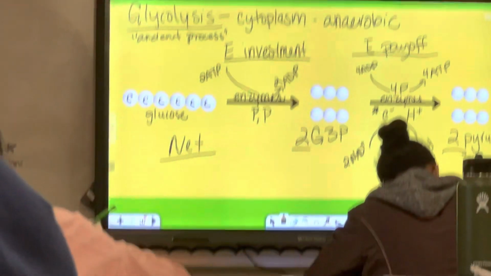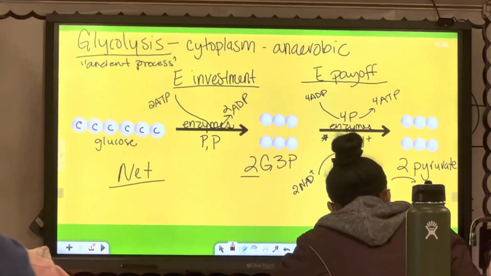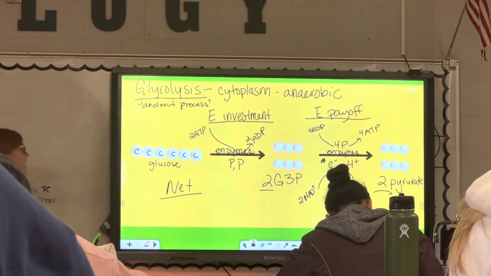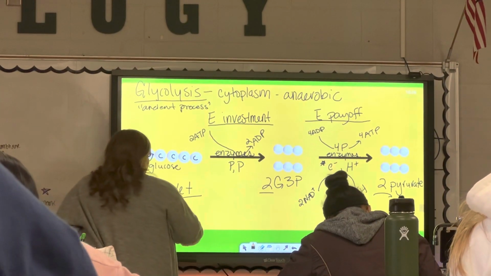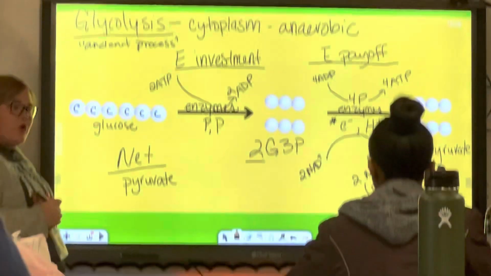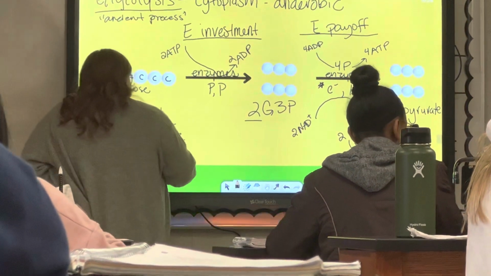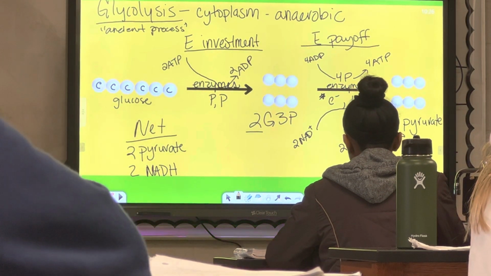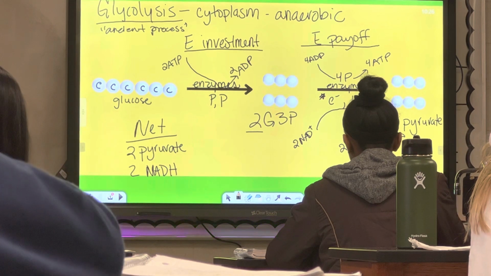Let's talk net products. What do I mean by net? The finished, like, total amount. So how many pyruvates? How many? I was hearing like 3 people answering. My bad. 2. How many NADH? 2. It's a tricky one. How many ATP? 2.